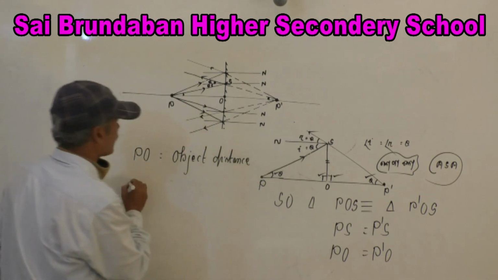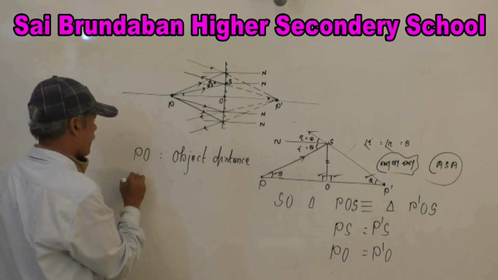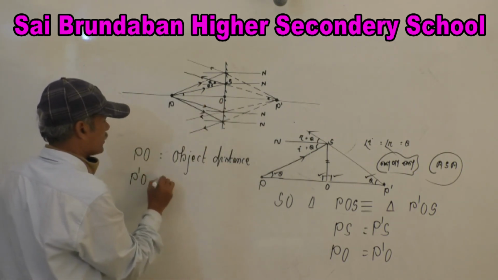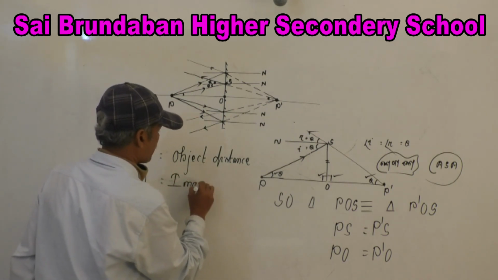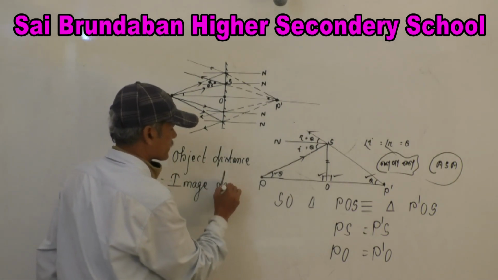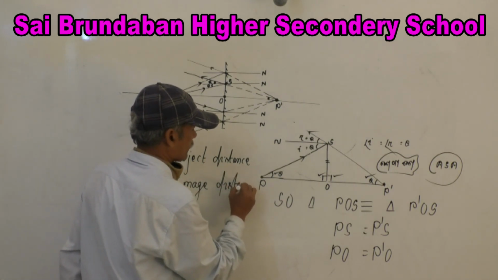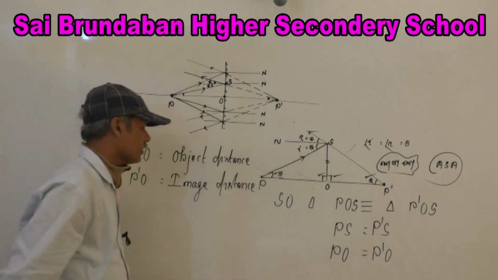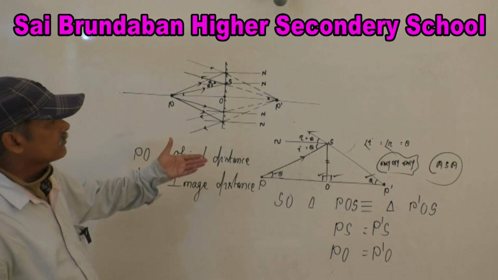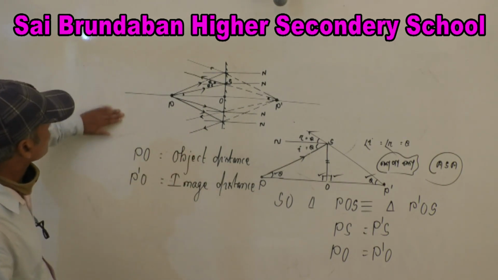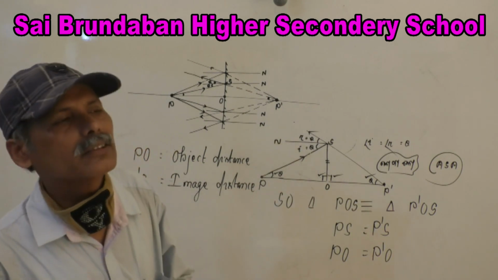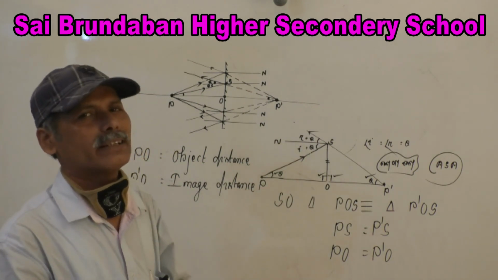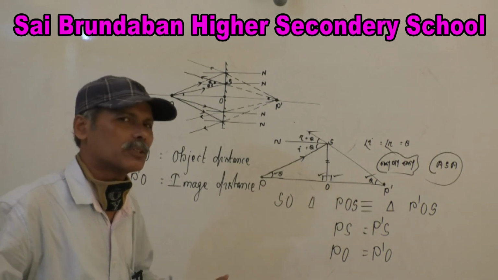P dash O is equal to image distance. So from this discussion and derivation, finally we came to know that object distance is equal to image distance.